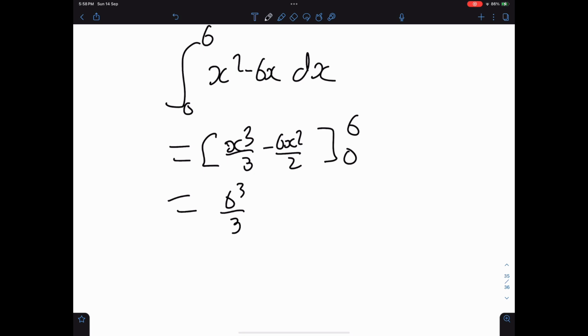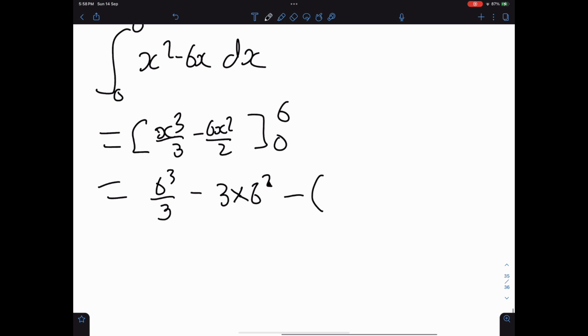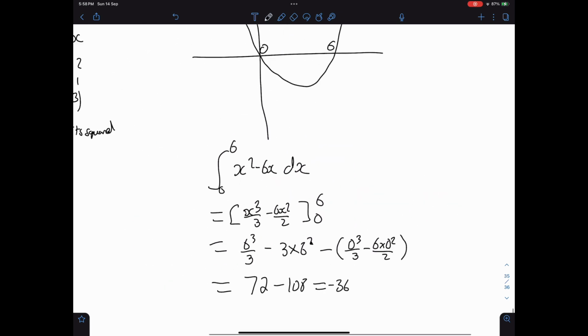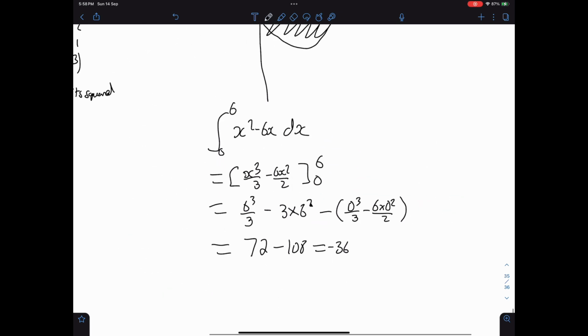And so that would be 6 cubed over 3 minus 3 times 6 squared, minus 0 cubed over 3 minus 6 times 0 squared over 2. And then you would end up with 72 minus 108, which is equal to minus 36. And it's minus because it lies below the x-axis, but in your final answer you would just call it 36 units squared.